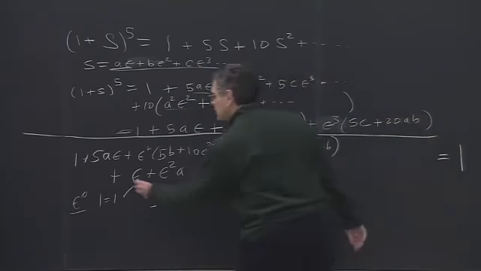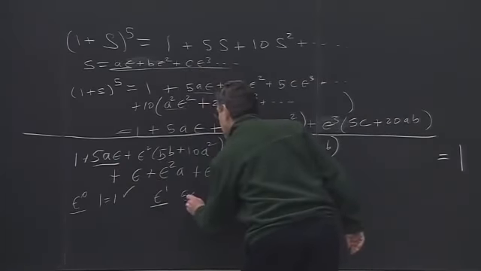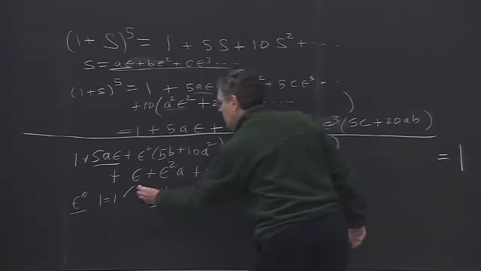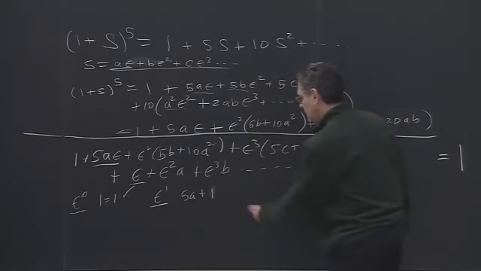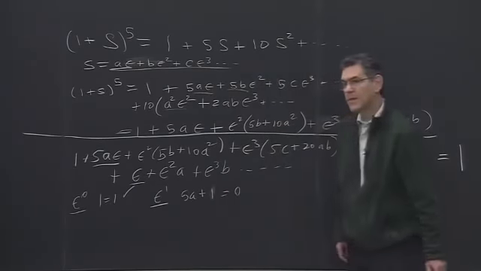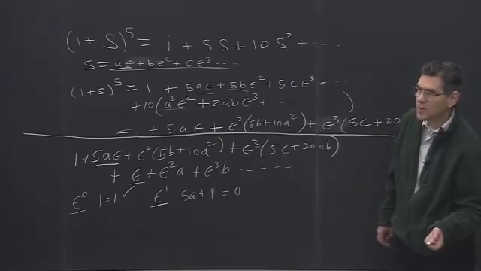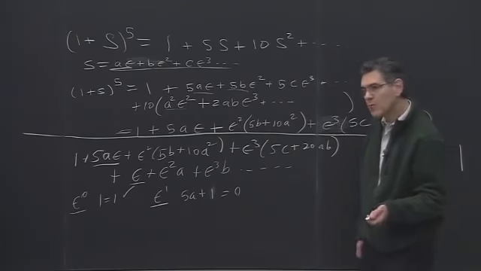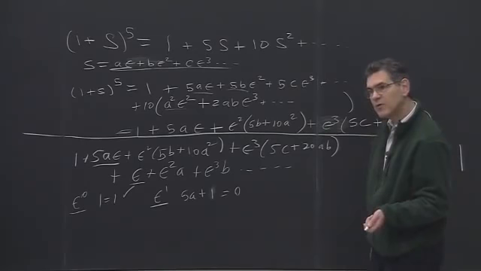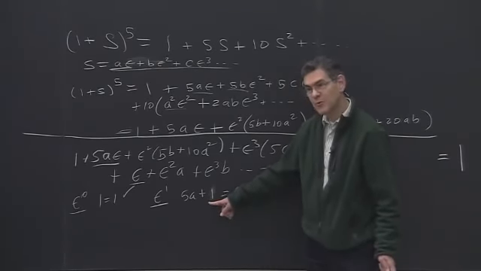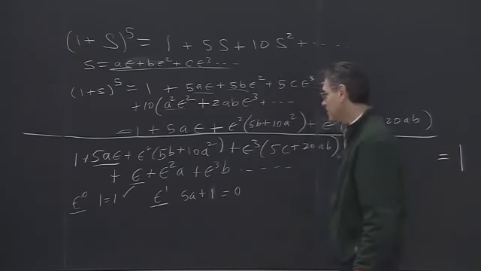That gives me the equation 5a plus 1 equals 0. Now, you remember what I told you. We do perturbation theory because it reduces a hard problem to a sequence of trivial problems. That problem is pretty trivial. You have to agree.